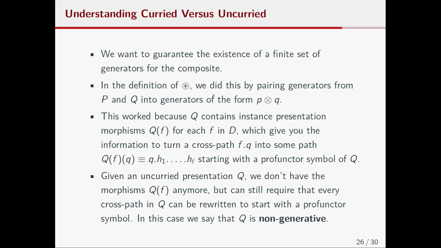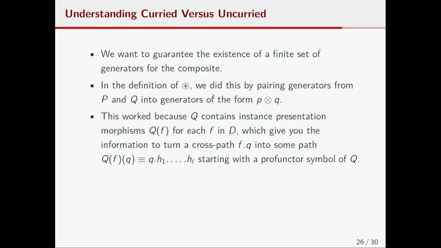You need that because otherwise, when you write this little thing, this is now an atom, right? You can't have things in the middle between the P and the Q. You need that.